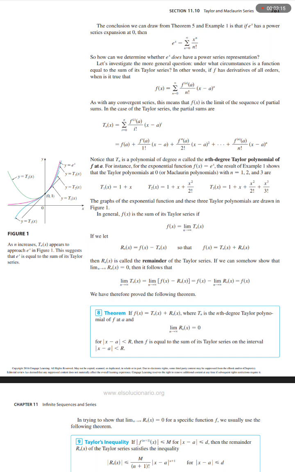As with any convergent series, this means that f(x) is the limit of the sequence of partial sums.